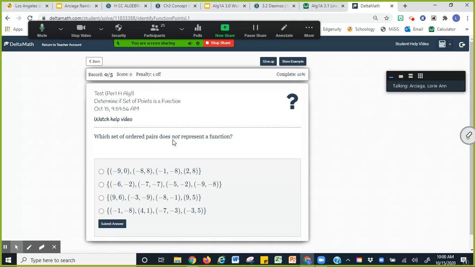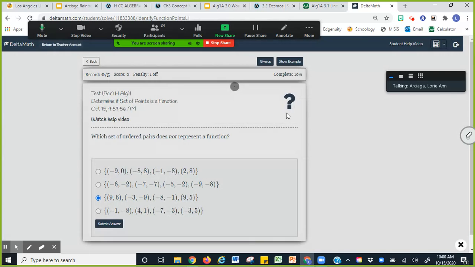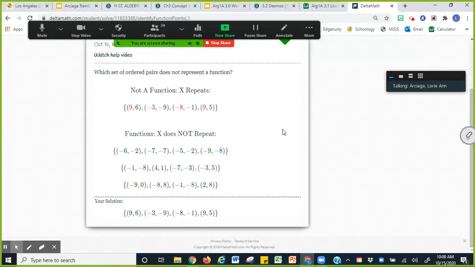So can you find that? Is -9? No, the x is not repeating. Yeah, the x is repeating there. They use 9 twice. You see that? And then this one is not repeating. So submit answer. And here we go. That's how you will answer those questions.